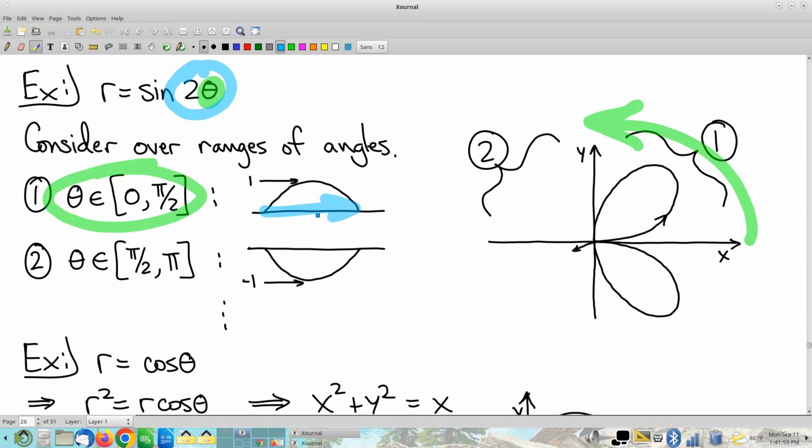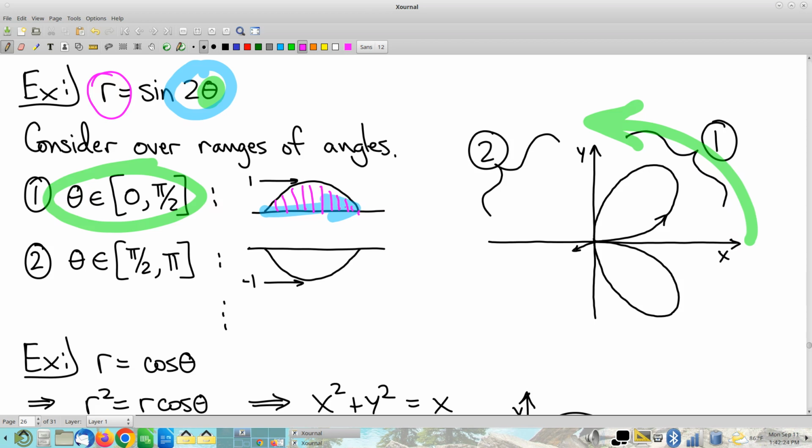So the question we want to ask ourselves then is, what is happening to the values of r as the argument of the sine function goes from 0 to pi? And of course, here's a familiar picture of what sine does between 0 and pi.